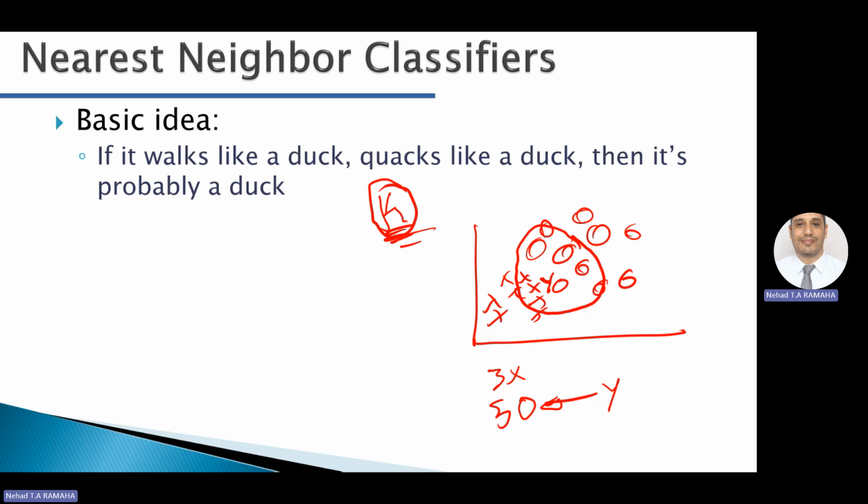Then we will see which category they belong to. If we have 3 of category O and 2 of category X, then the new data will be classified into category O because we have more objects. So it most probably belongs to category O. So this is the idea.